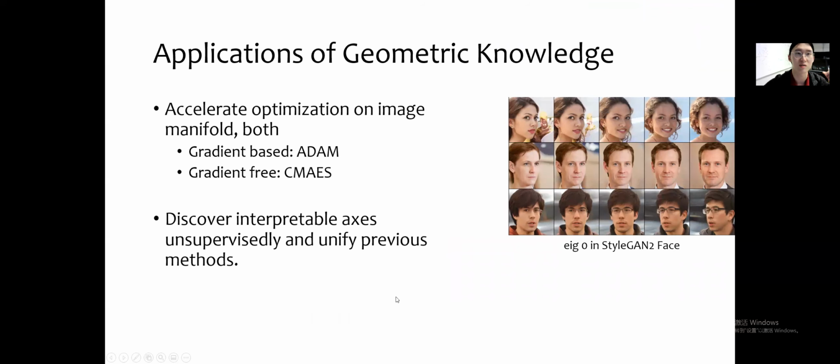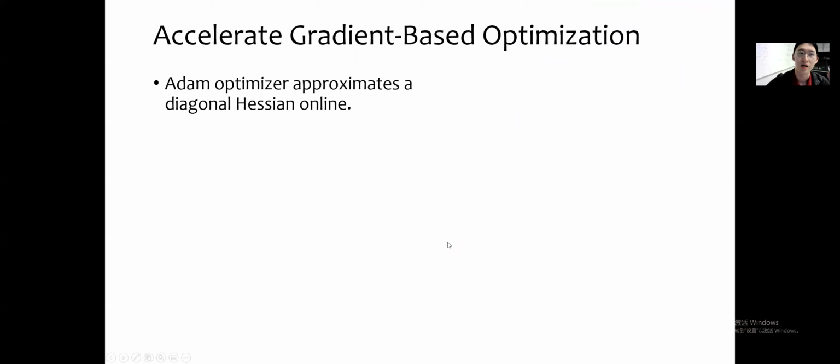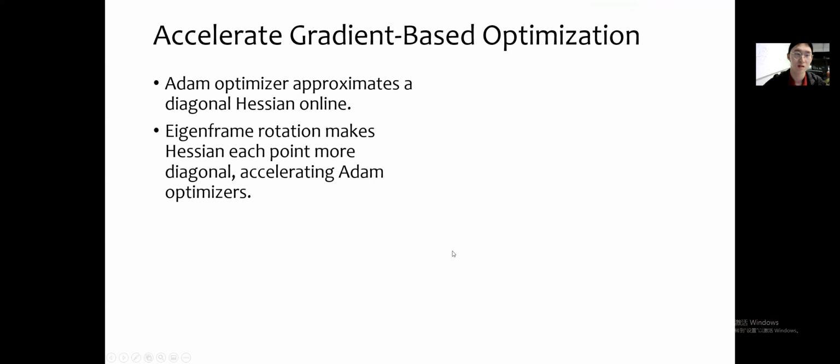Finally, I'm going to talk about the applications of this geometric knowledge. Firstly, one easy use case of the knowledge is to accelerate optimization. For gradient-based optimization, Adam optimizer is a very common one, and we know it kind of approximates a diagonal Hessian online by adjusting the learning rate of each parameter.